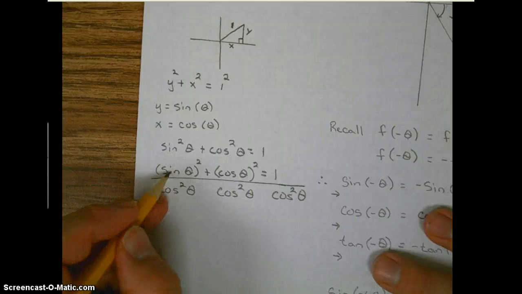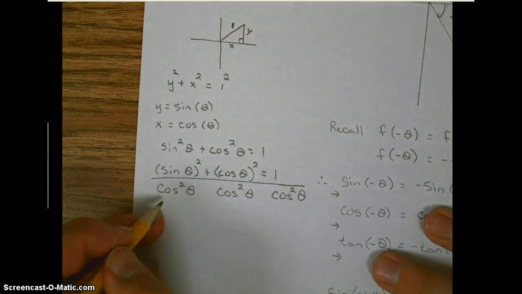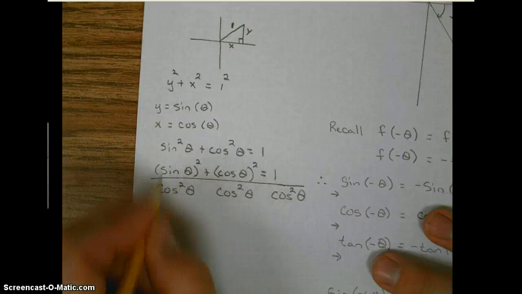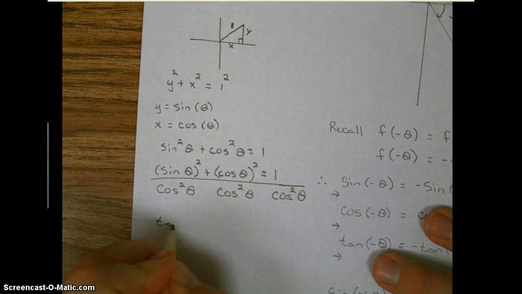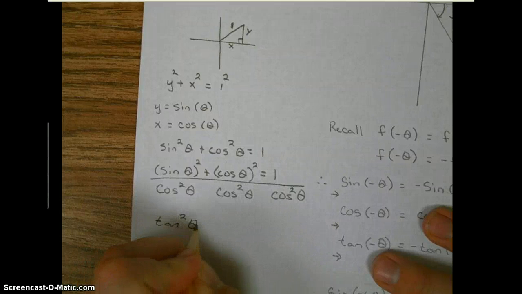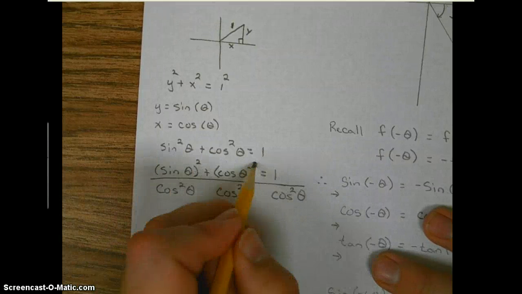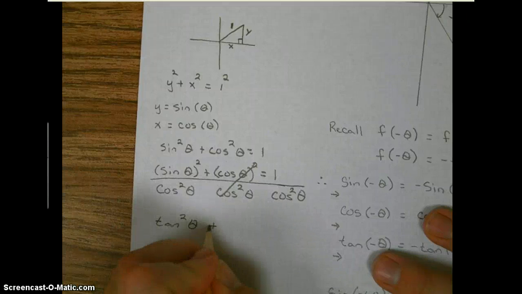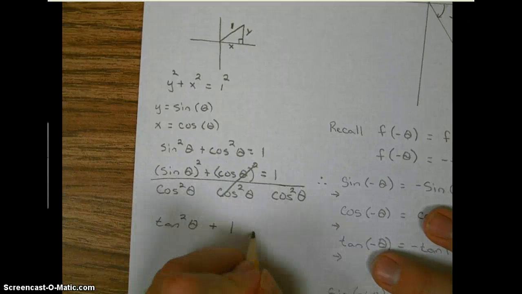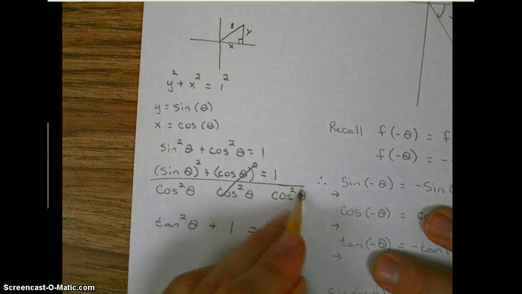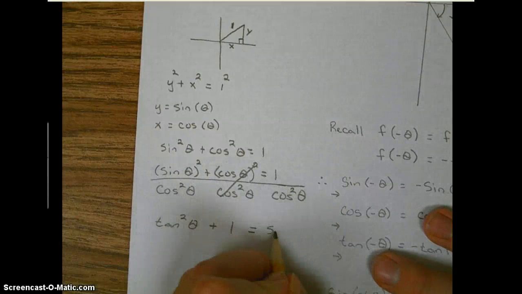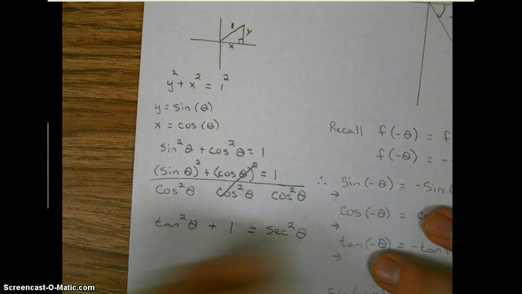We notice that sine squared theta over cosine squared theta, sine over cosine is tangent, so that would be tangent squared theta. Those cancel, giving us a 1. And 1 over cosine is secant, and since it's squared, it would be secant squared theta.